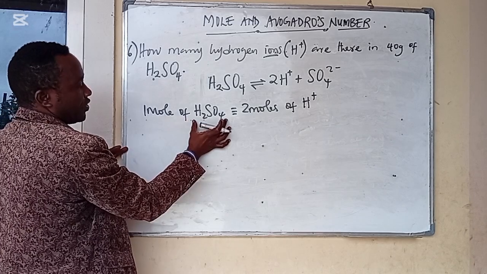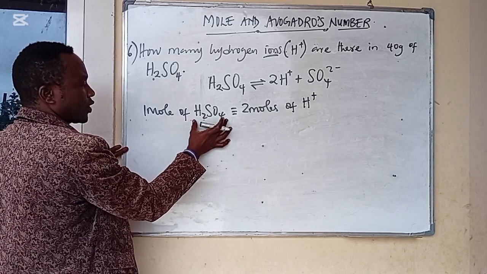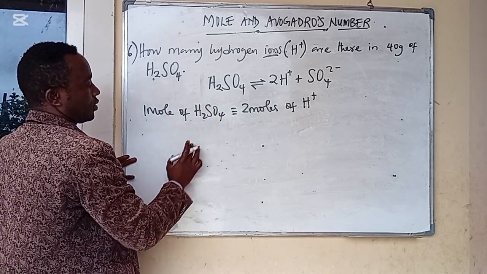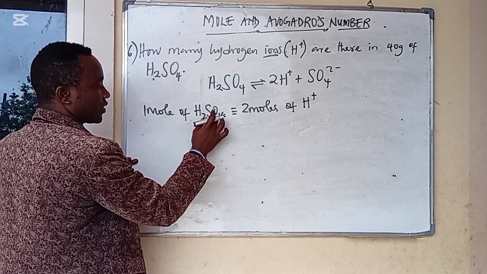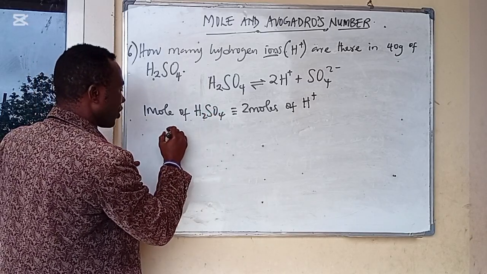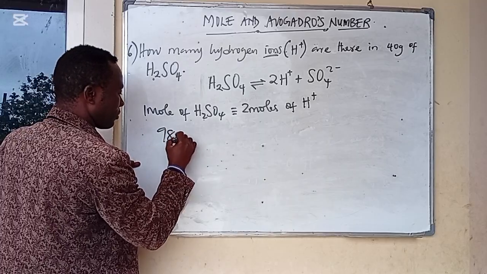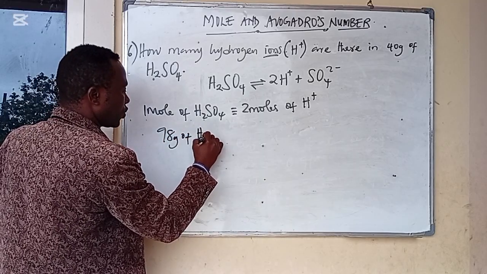What is 1 mole of this acid? 1 mole of H2SO4 is the molar mass: 2 plus 32 plus 16 times 4, everything will give us 98 grams of H2SO4.